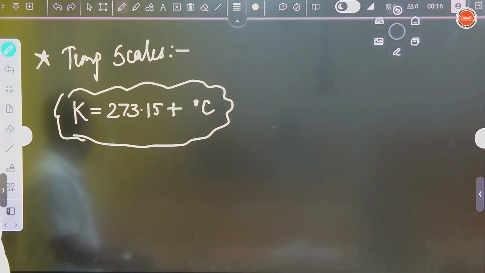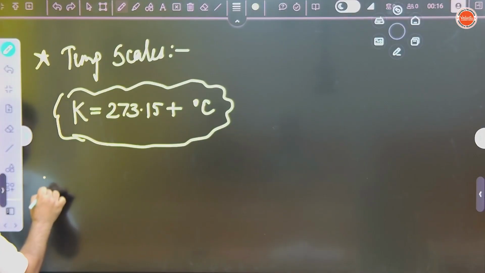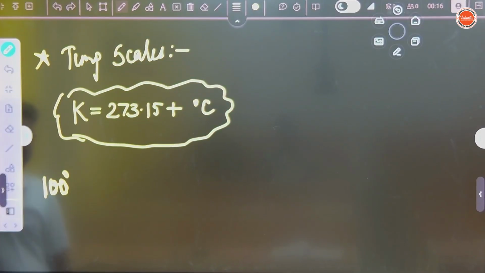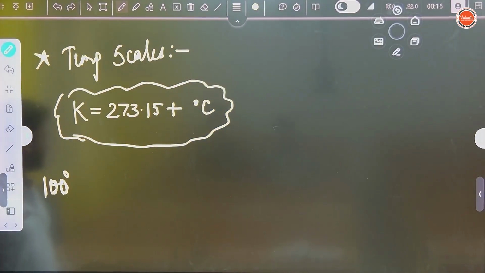Suppose someone gave you 100 degrees Celsius and you have to convert it to Kelvin.